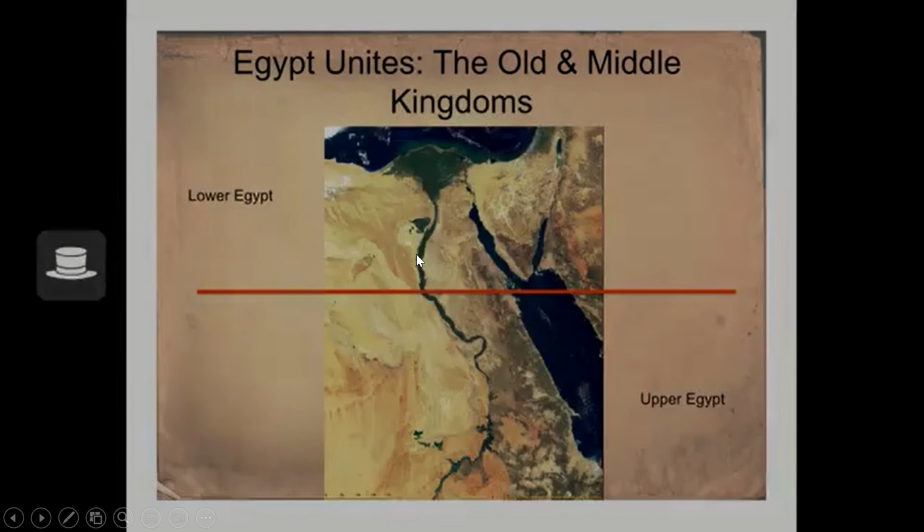The Nile River starts up here or down here, however you want to think of it, but it flows towards the Mediterranean Sea, okay? And so Upper Egypt refers to this portion of the river, the southern portion, and Lower Egypt refers to the northern portion of the river.